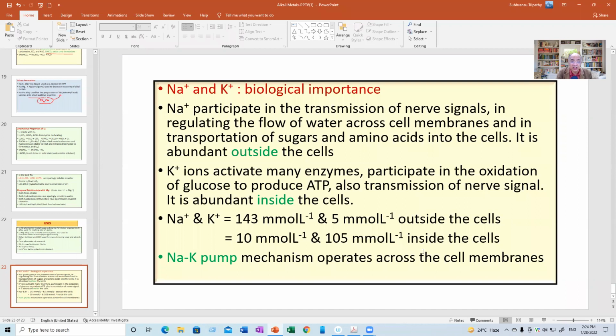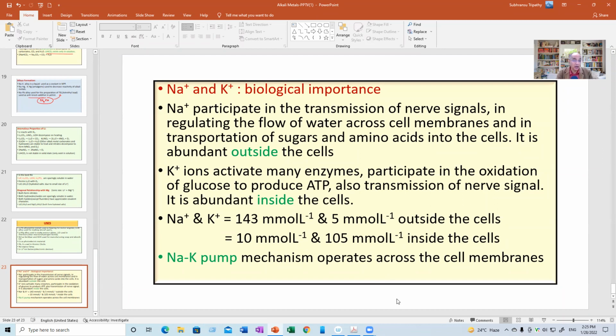So any deviation from this ratio will make human beings totally sick, particularly senior citizens. I can't say old people because age is a number. So the senior citizens often go for a syncopic attack. They fall down because of imbalance in sodium potassium.